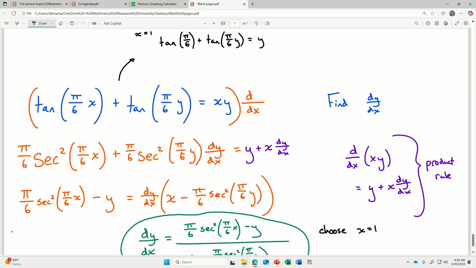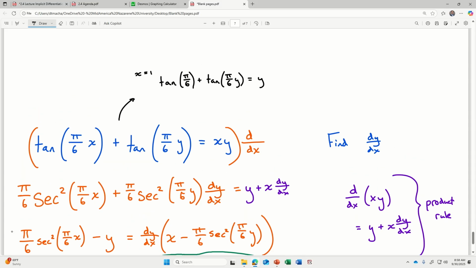The tangent of pi over 6 might be a little bit tricky to think about, but remember that tangent is sine divided by cosine. And I remember from my unit circle that sine of pi over 6 is a 30, 60, 90 right triangle, and sine is opposite over hypotenuse, so it's 1/2.